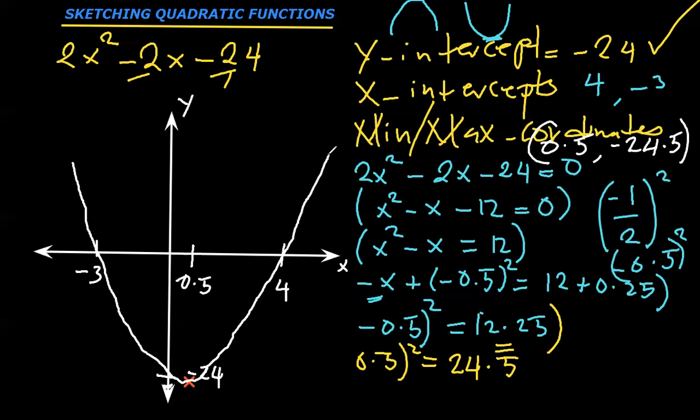That's my graph. All right. So this is the point negative 24. And now the coordinates of my minimum point, I can just write them here. Maybe I'll show you an arrow for clarity. I'll call it 0.5, negative 24.5. And now this is the other point.